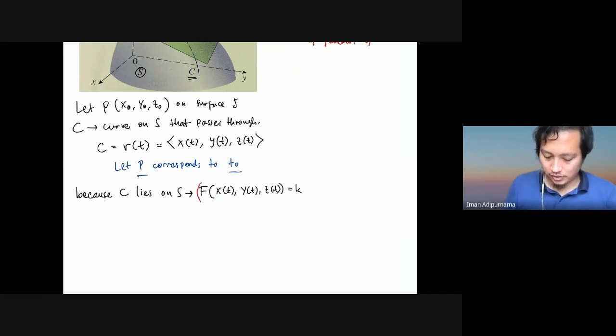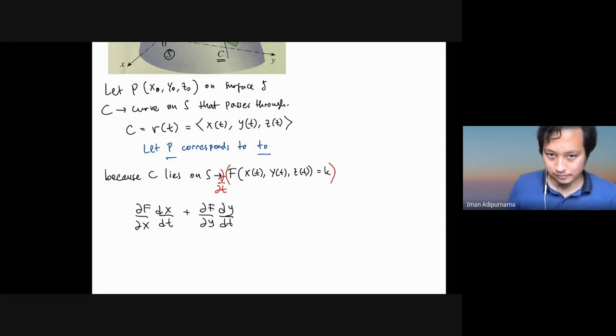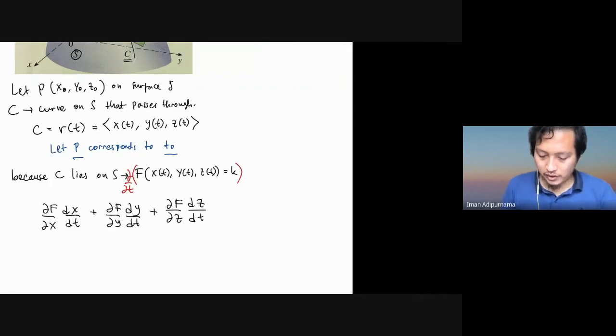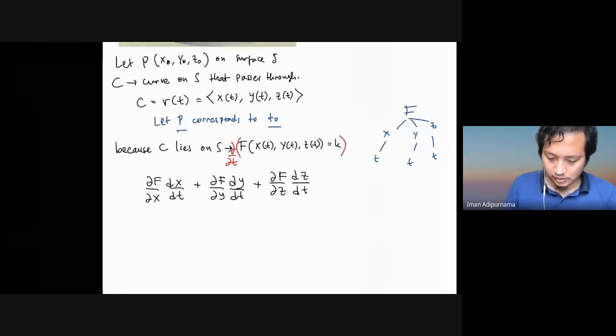Okay, so differentiating with respect to t, we can write. If you want to write in terms of tree diagrams, you can also do that. Okay, and you can have this and this equal 0, right?